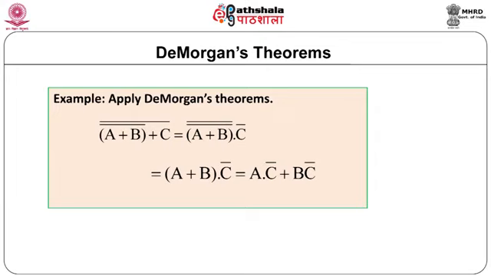By applying De Morgan's theorem to the left hand side, we get the double complement of (A OR B) AND C bar, which is equivalent to, now the double complement of the sum term will get cancelled and we get only (A OR B) ANDed with the complement of C. So, we can write the right hand side as A AND C bar OR B AND C bar.